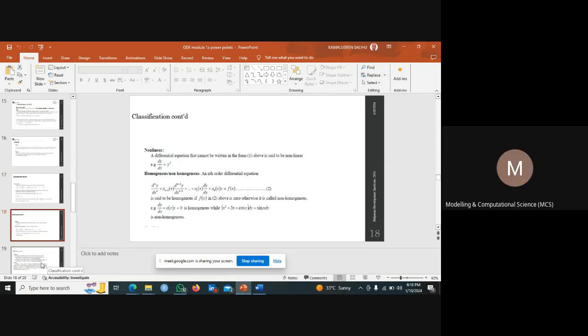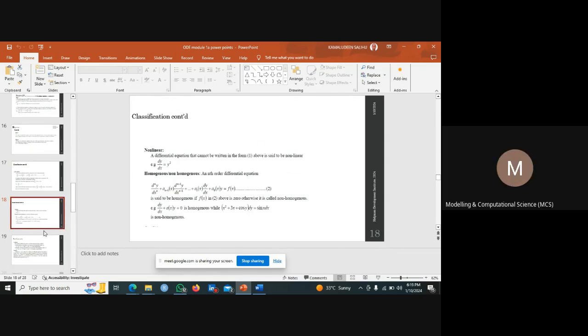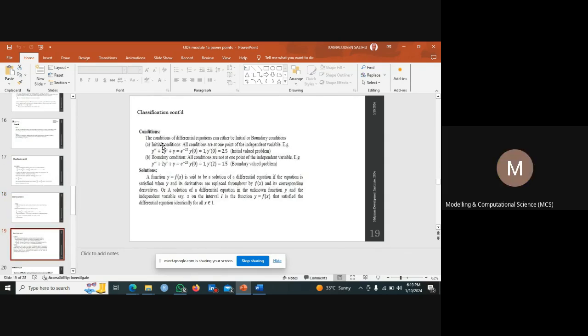So that is the classification: linear, non-linear, homogeneous, and non-homogeneous. We can now proceed to what we call conditions.